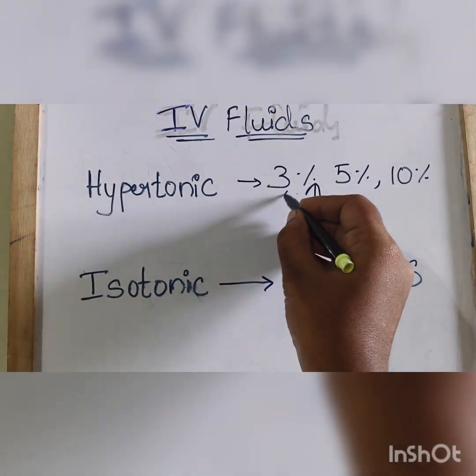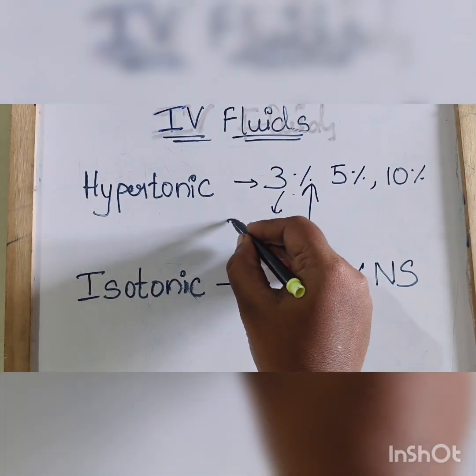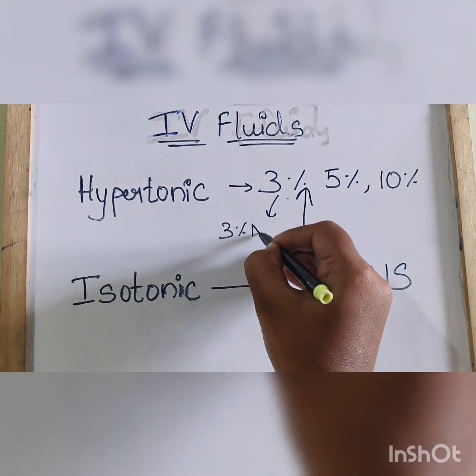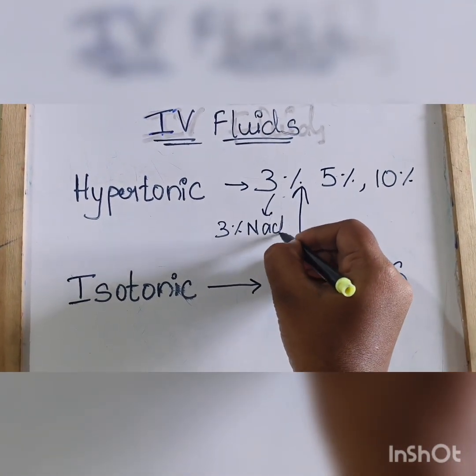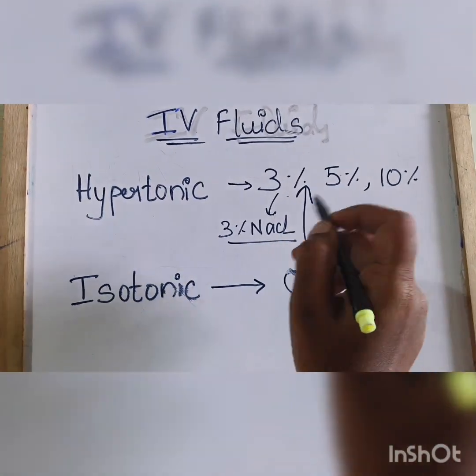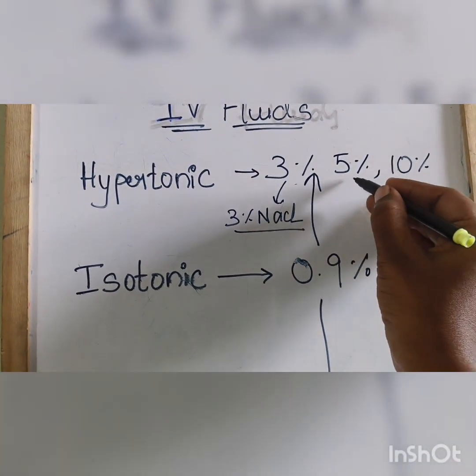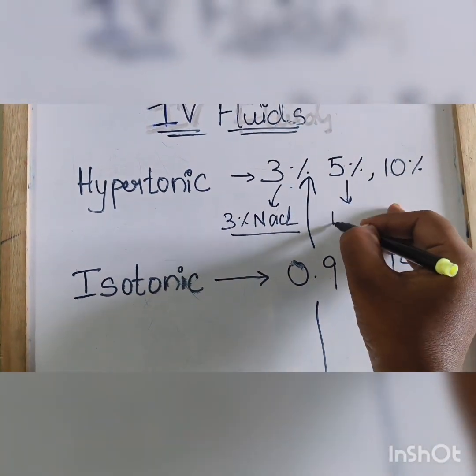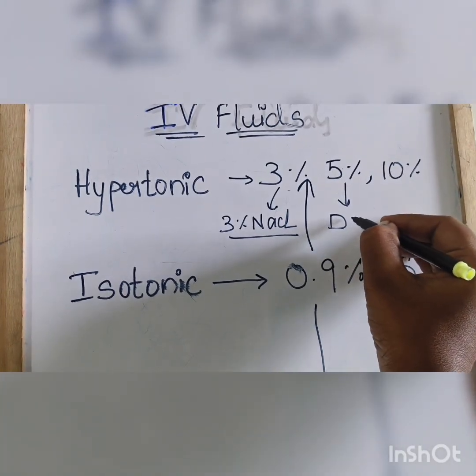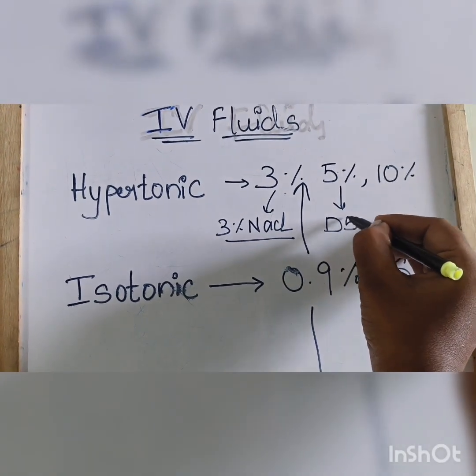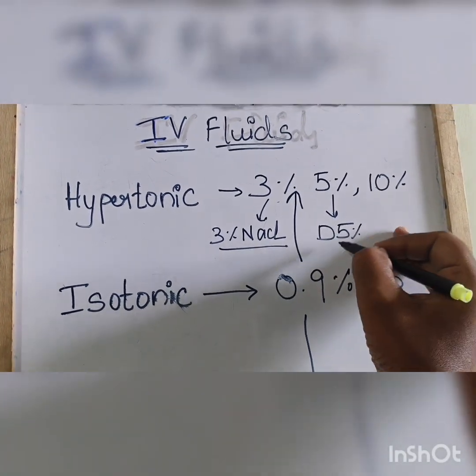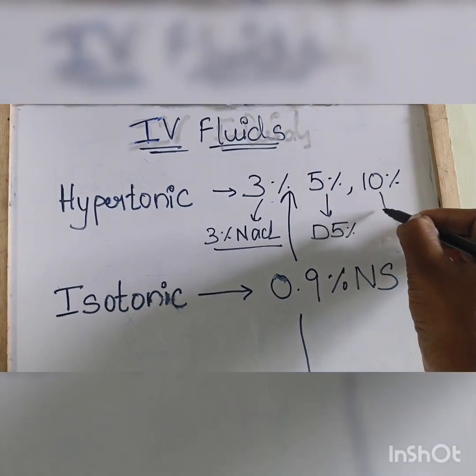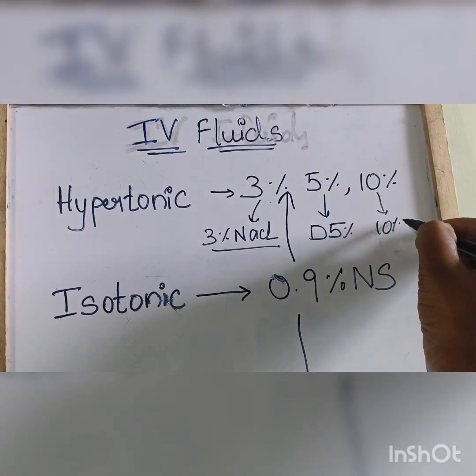In 3% we have 3% NaCl, sodium chloride solution, as the IV fluid we are giving; that is hypertonic. In 5% there is dextrose, and 10% also is dextrose. The 5% dextrose solution and 10% dextrose solution are also hypertonic.